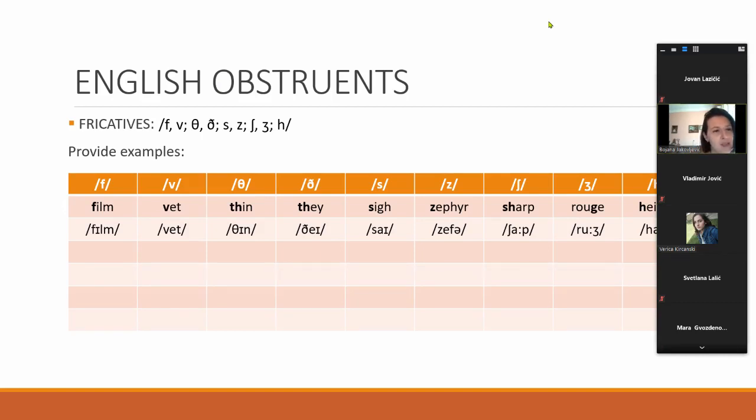There are programs and software where it can be measured, but it's also a kind of strong. It's harshly pronounced. We emphasize the h sound in Serbian, but in English it's more soft.